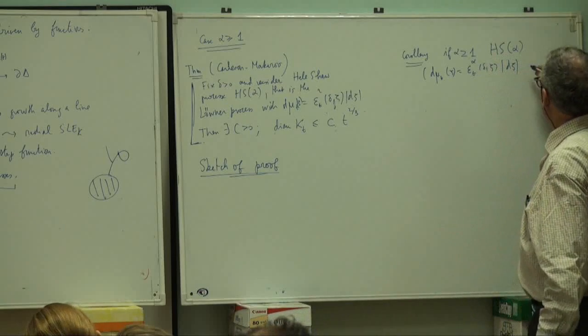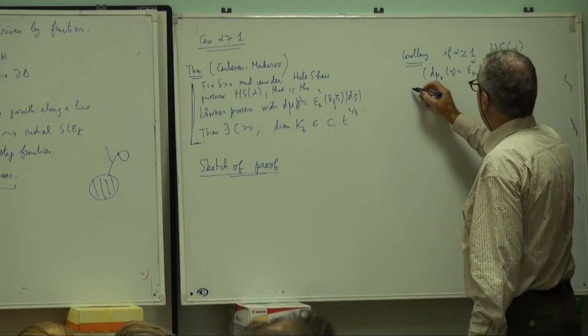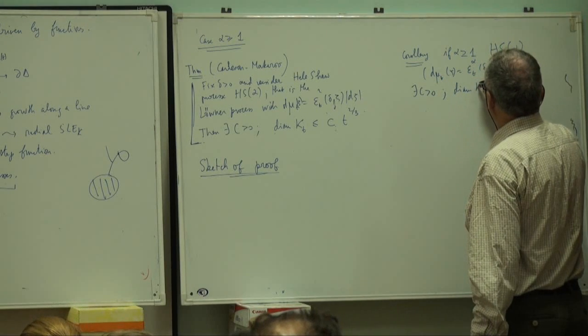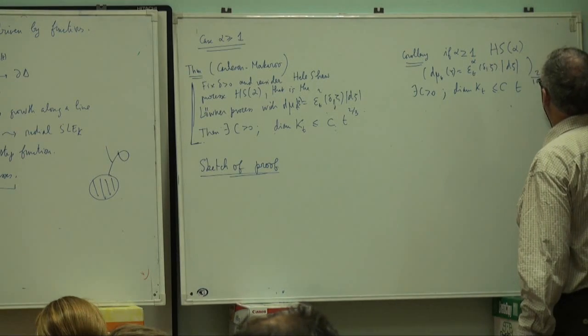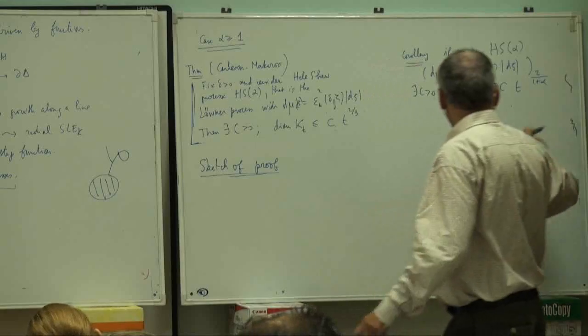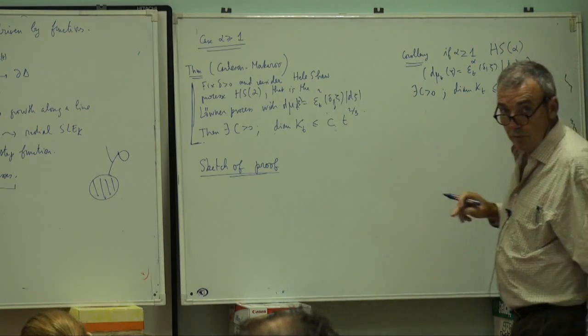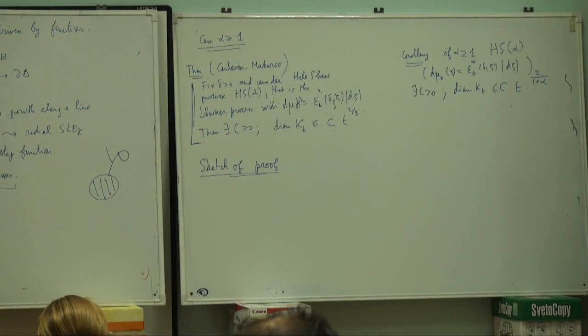So this is a Loewner process with this. Then there exists C positive such that the diameter of Kt is less than C times t to the power 2 divided by 1 plus alpha. Notice that for alpha equal 1, we get exactly t. So alpha equal 1, we will get t from the right and from the left, and we will see the phase transition that I spoke about at the beginning.